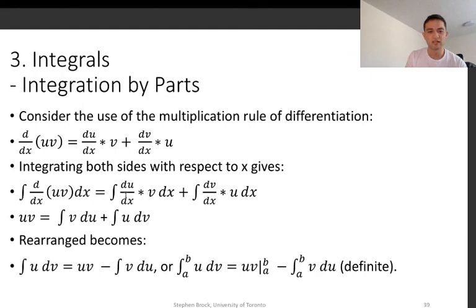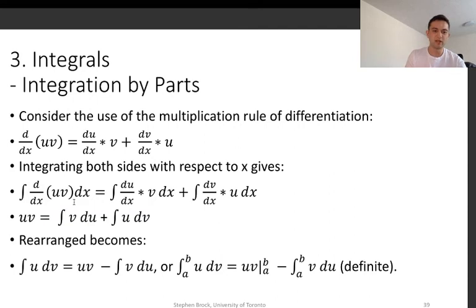We can treat these as multiplicative factors and cancel them out, and so we get the integral of v du. And then we have dv/dx times u dx, and we can cancel out these multiplicative factors and get the integral of u dv. So this is the end form that we have.